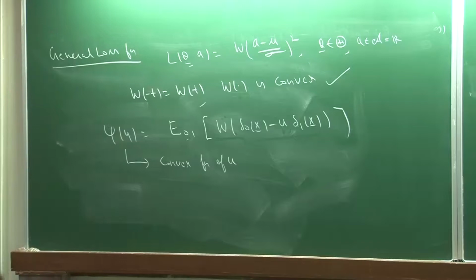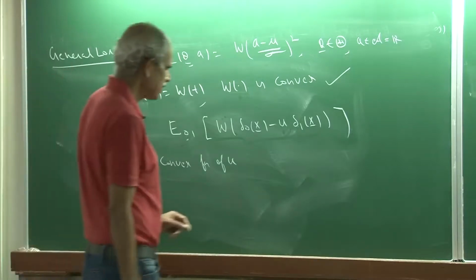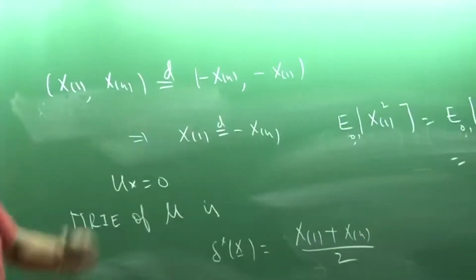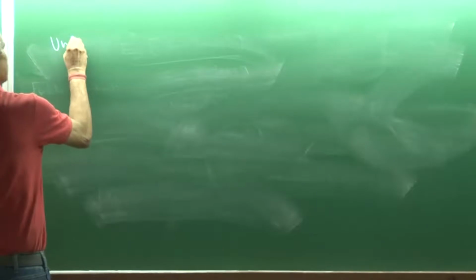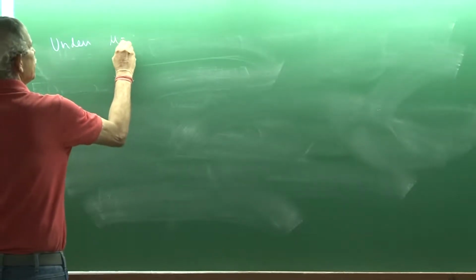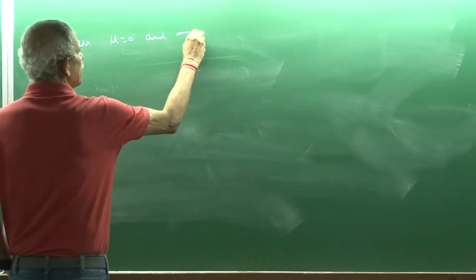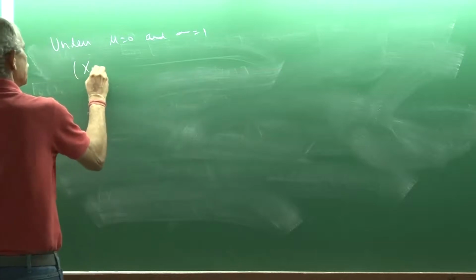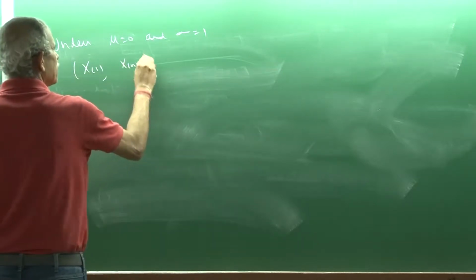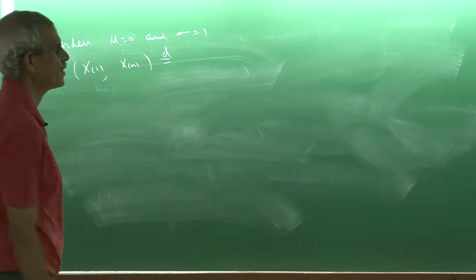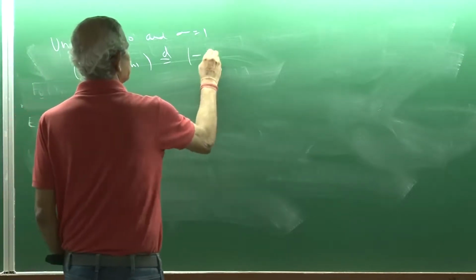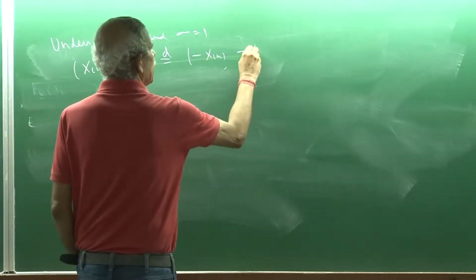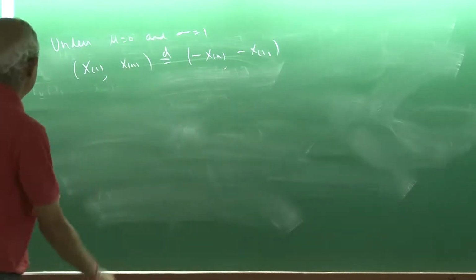Second thing, I'll try to prove that psi of u is same as psi of minus u. For that, note that I have shown that (x1, xn) has the same distribution as (minus xn, minus x1) under mu equal to 0 and sigma equal to 1. So what does that mean?